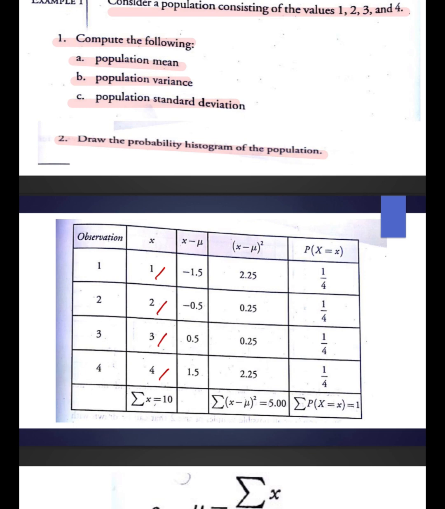That is 1 plus 2 plus 3 plus 4 equal to 10. Okay, so we are now ready to define the population mean. So the formula is mu is equal to the summation of x over capital N. So let's replace the summation of x, which is 10, over the observation 4. That is now equal to 2.5.